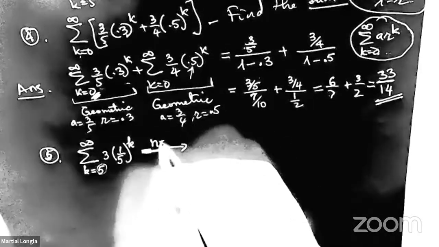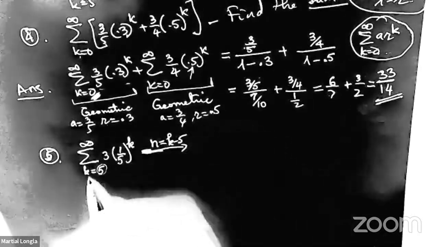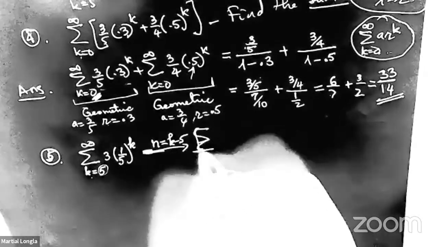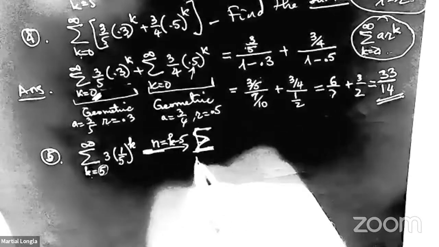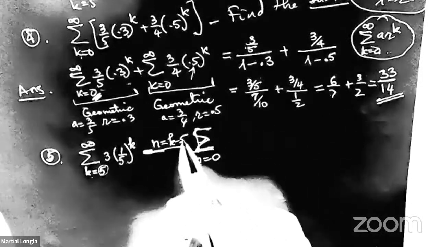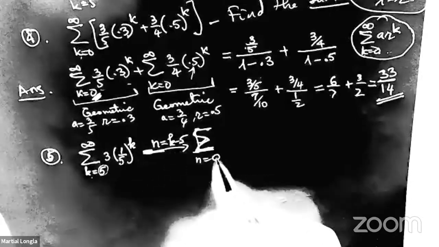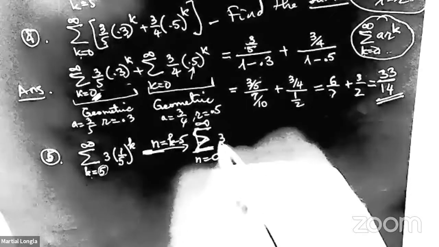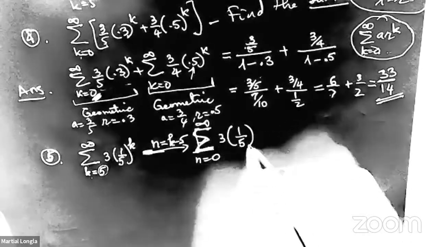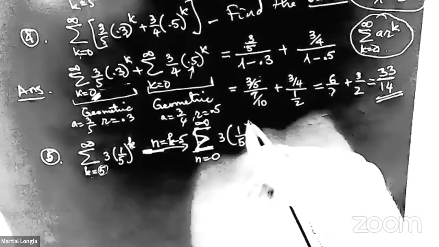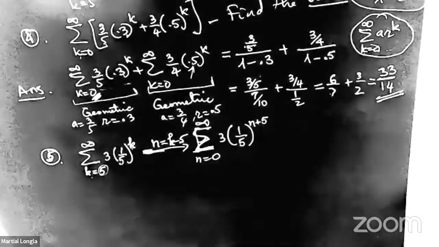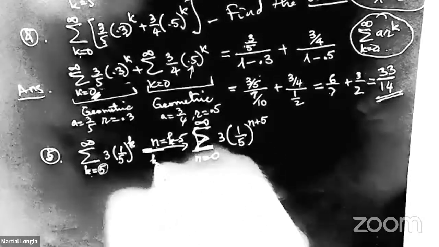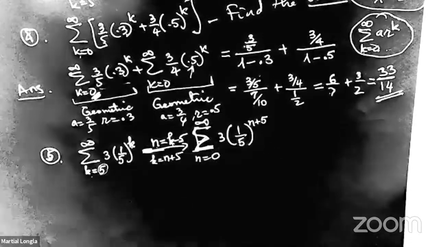So you replace k by n, where n is k minus 5, to make sure you start at 0. So that's going to be the sum from n equals 0, because when k is 5, n is 5 minus 5, 0, to infinity of 3 times 1/5 to the power k, and k is n plus 5, because n is k minus 5.